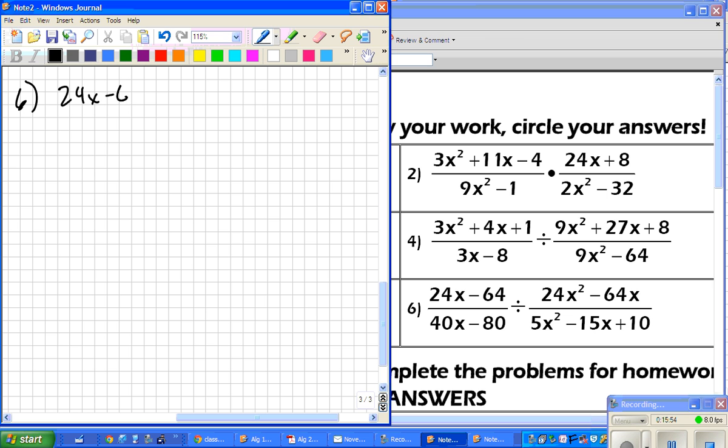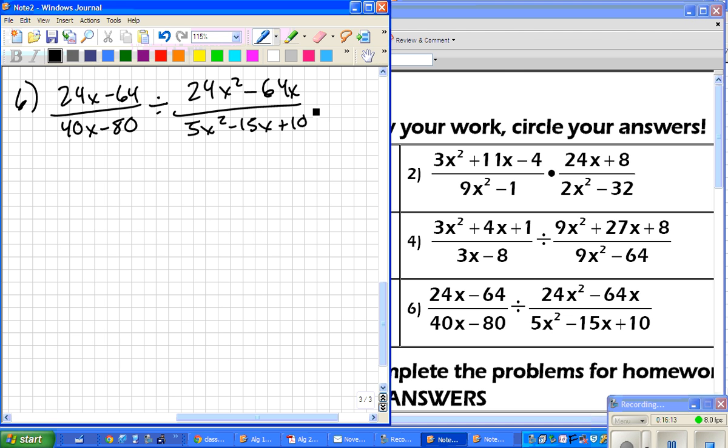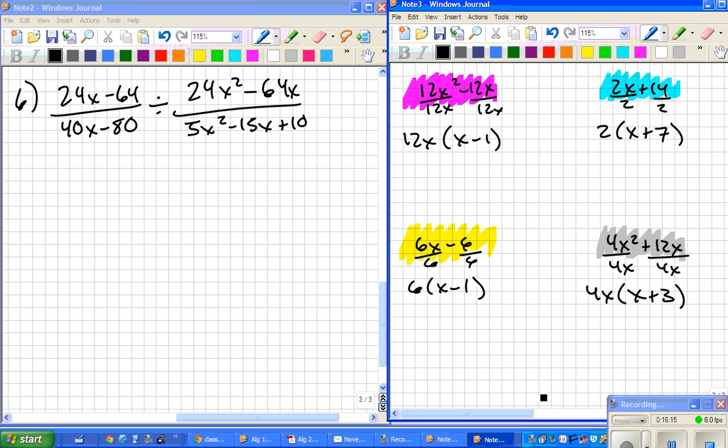Okay, you have 24x minus 64 over 40x minus 80, divided by, which means you're going to have to flip something, x squared minus 64x over 5x squared minus 15x plus 10. Okay?